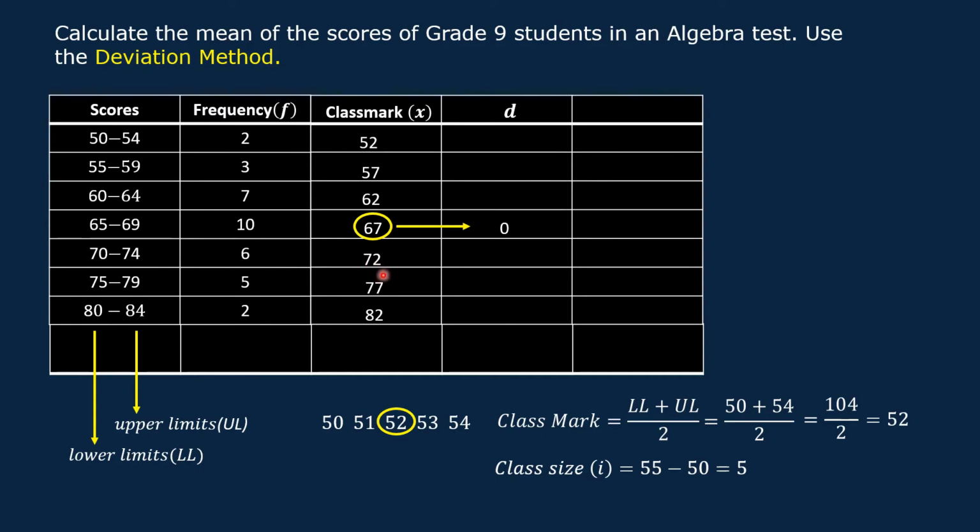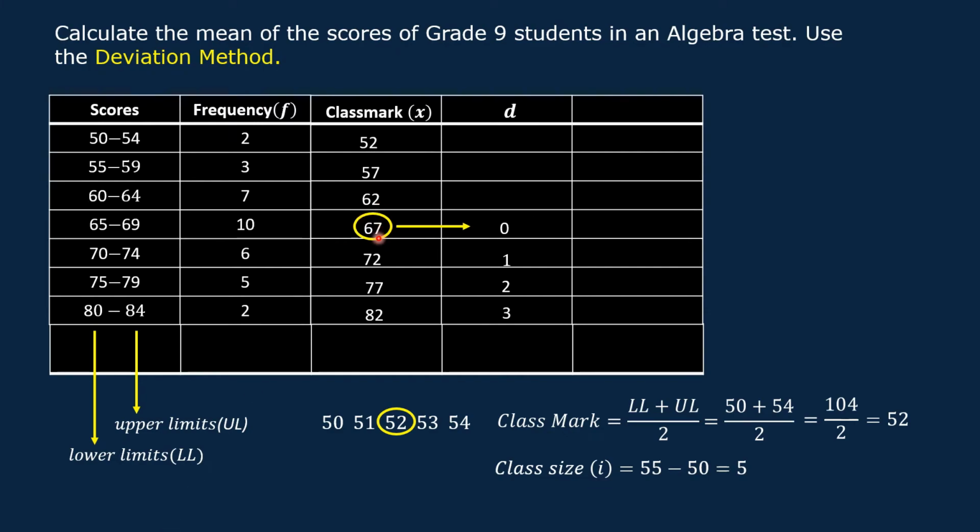And then 72 minus 67 is 5, divided by 5 is equal to 1. 77 minus 67 is 10, divided by 5 is 2. 82 minus 67 is 15, divided by 5 is equal to 3.